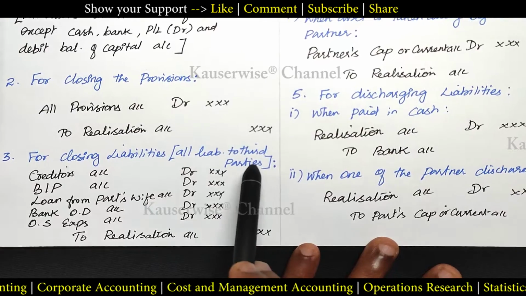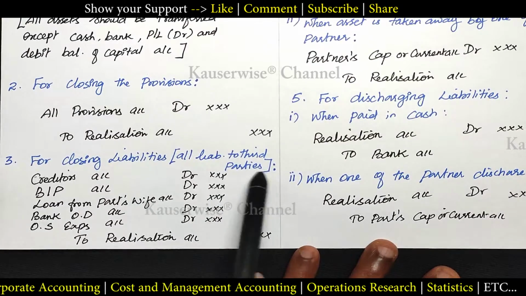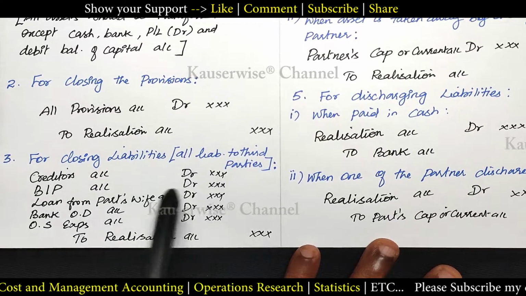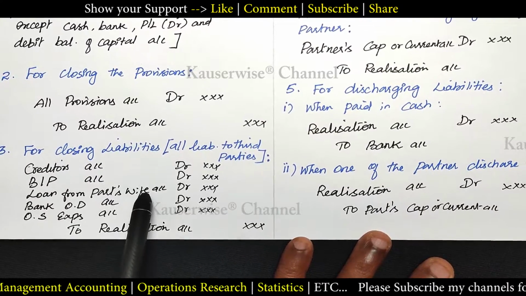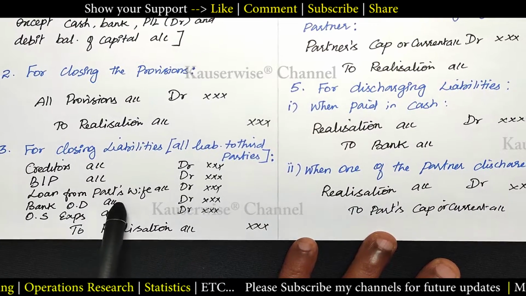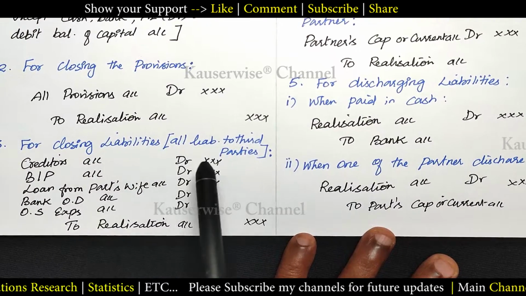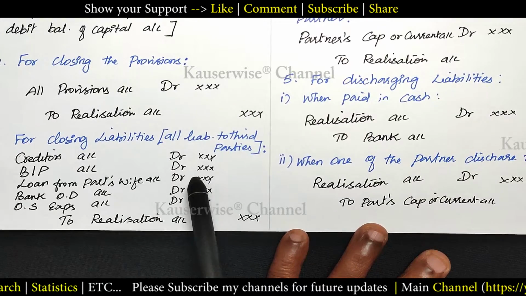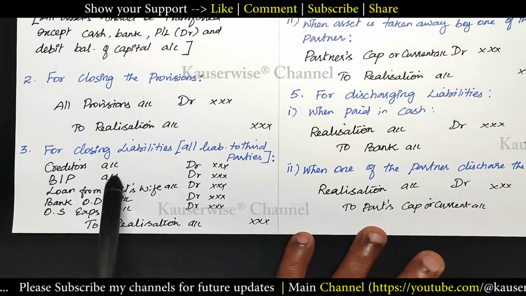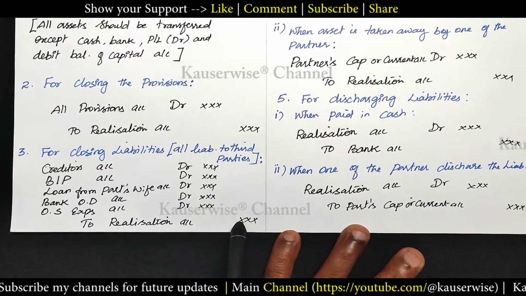All the liabilities are credit balance, so when you transfer, just debit. So creditors account debit, bills payable account debit, loan from partner's wife, that is also a third party liability. Bank overdraft, outstanding expenses, these are the third party liabilities to transfer to realization account. So all the liabilities account debit to realization account.